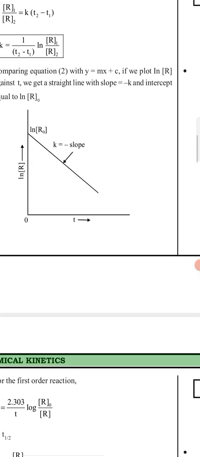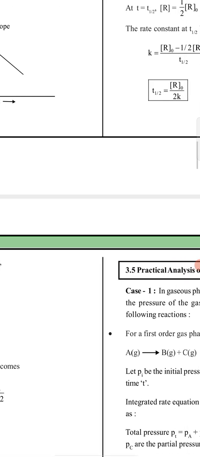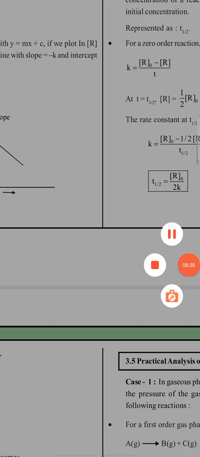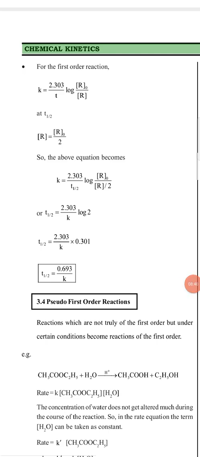Similarly, for the first order reaction, we can get the half-life period the same way. We just write the rate expression or rate law for the first order reaction that we already got: k equals 2.303 by t log R0 by R. So whenever t equals t half, then R equals the initial concentration of the reactant divided by 2.